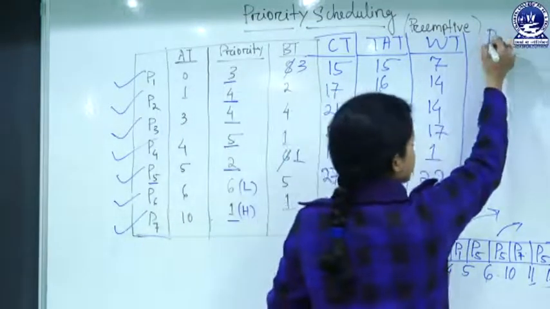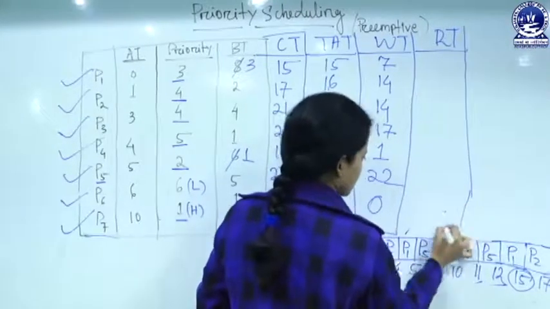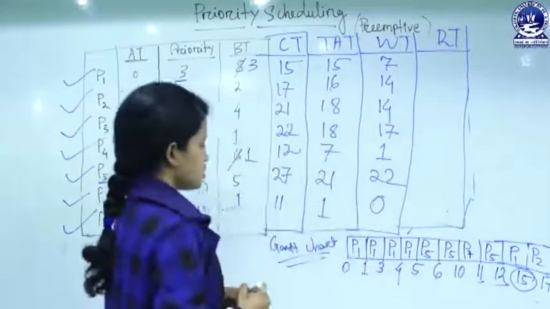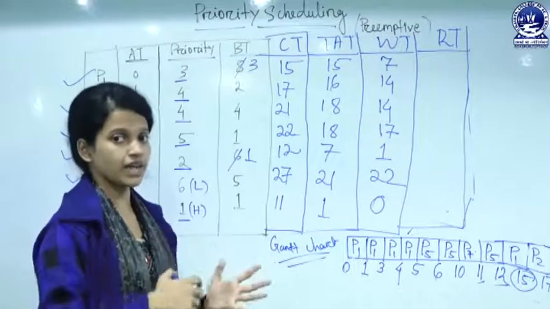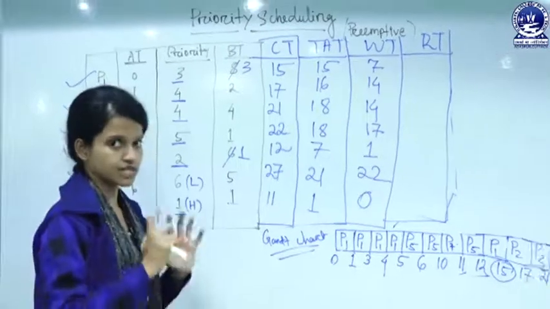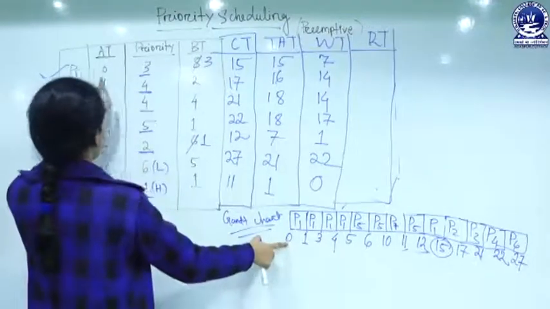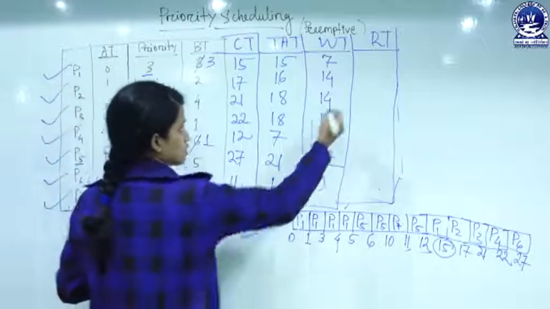Next is response time. Response time: check out at what time the CPU is allocated to the process for the first time. For P1, that is 0 and the arrival time of P1 is 0. So 0 minus 0, that is 0.